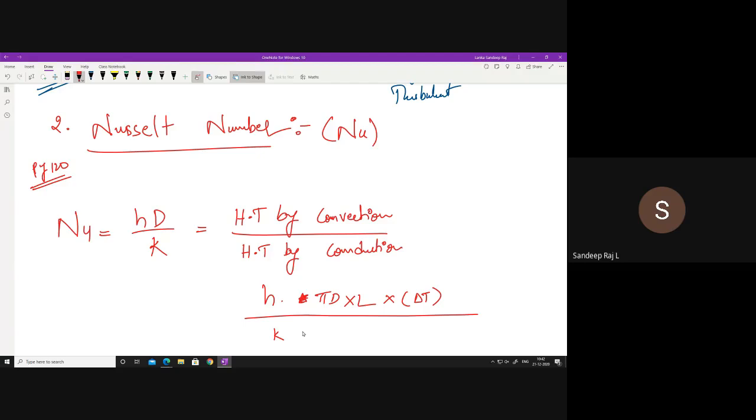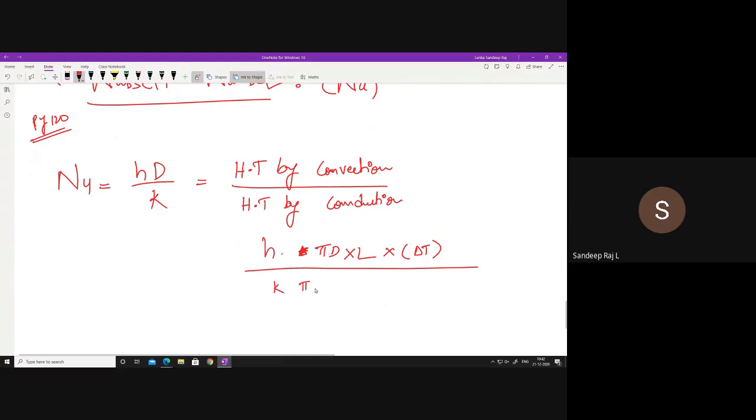A here you will take as pi by 4 d square, or pi d itself also you can take, into delta T by L. So this pi dL goes, delta T goes. What you have is hL by k.